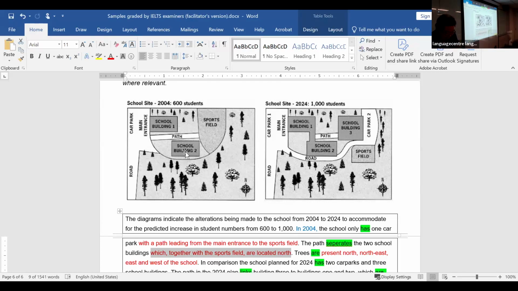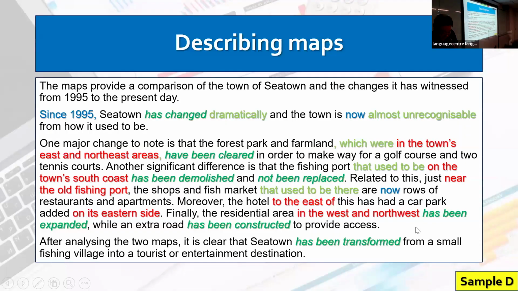Okay, because time is running out, I'm going to wrap up very soon. So I think these are the things that I would like to draw your attention to when it comes to the typical language features that we can use to describe maps.